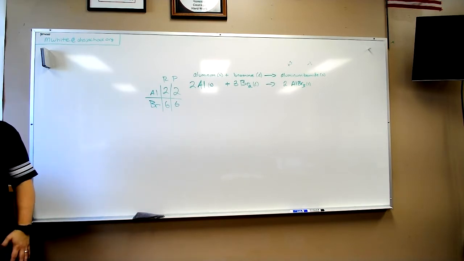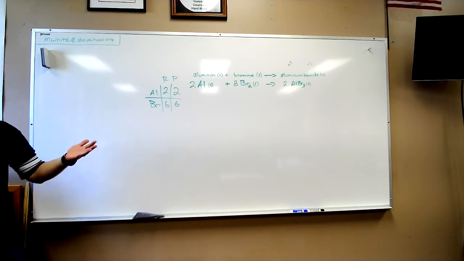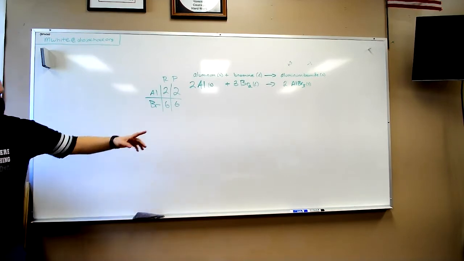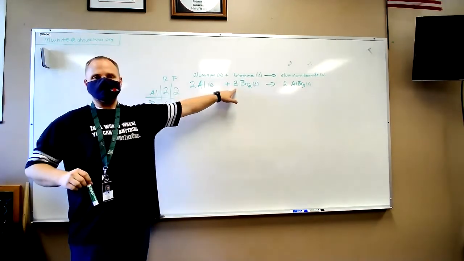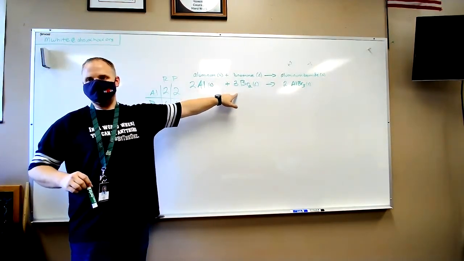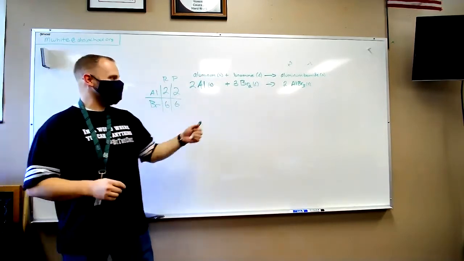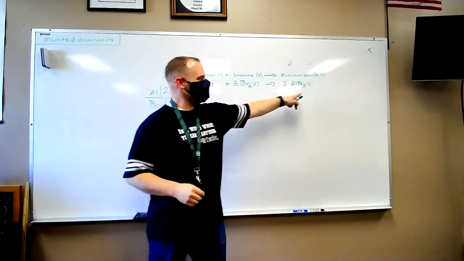If I sit down to balance an equation, I've done it so many times that I can pick which ones need to be done first. See, we started by this bromine and put a 2 there. It ended up not being a 2. Okay. Once you do it enough, you're going to get to the point where you'll be able to see, oh, well, I've got a 3 right here.